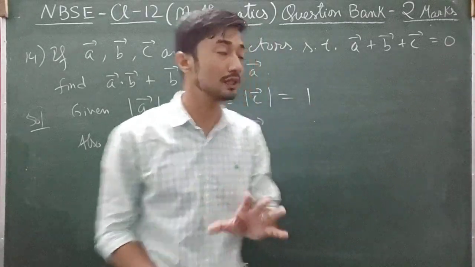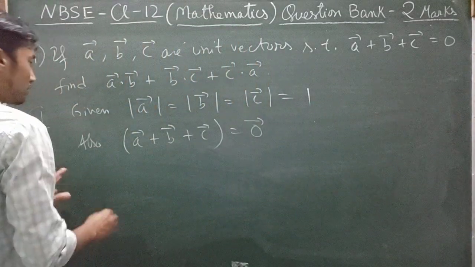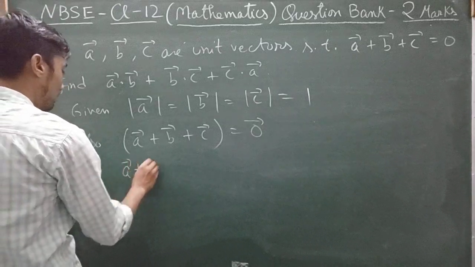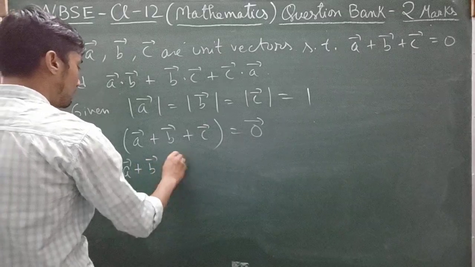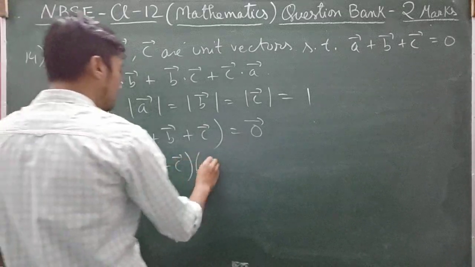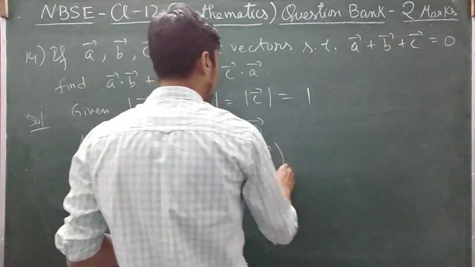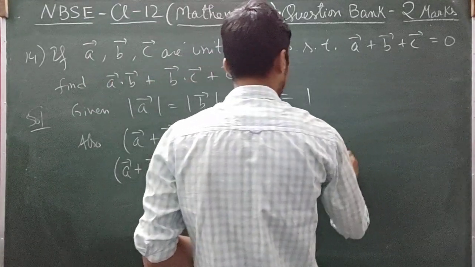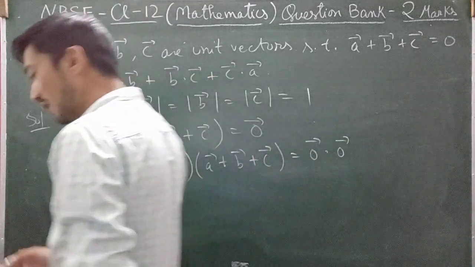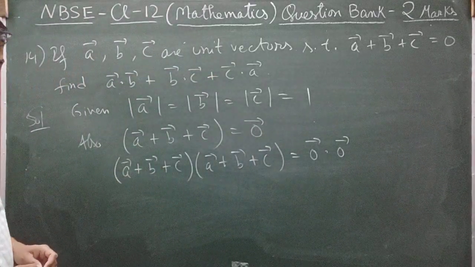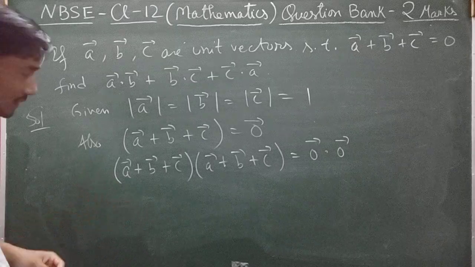We are going to use that concept here. So I'll square both sides, that's going to be (a plus b plus c) into (a plus b plus c), equal to zero vector into zero vector.